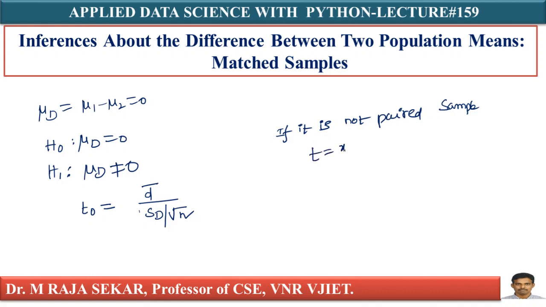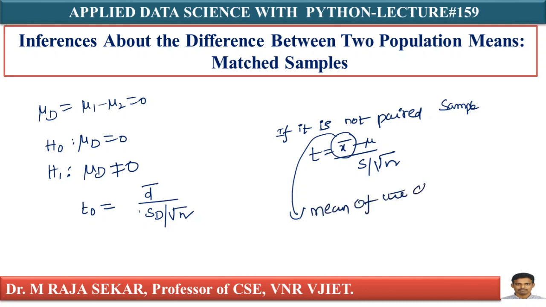T equals x bar minus mu by s by root n, if it is not a paired sample. Here, what is my x bar? X bar is the mean of the differences.